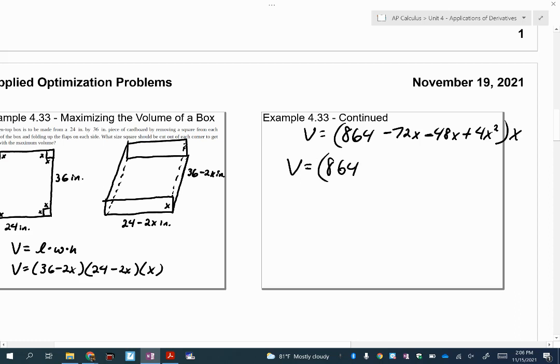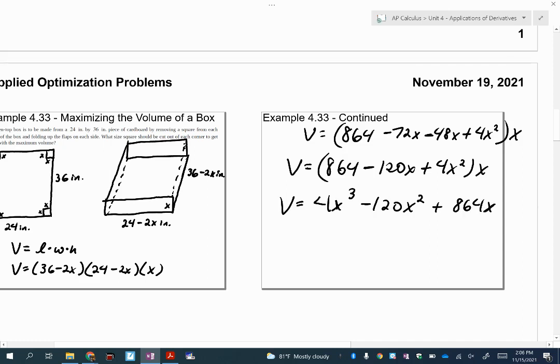So 864 minus, 72 plus 48 is 120x plus 4x squared, and then times x. So let me write in standard form: 4x cubed minus 120x squared plus 864x. So this is my equation for volume.